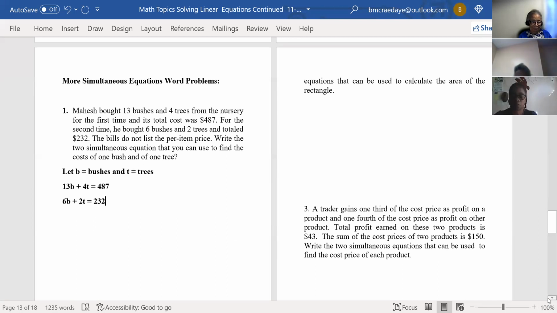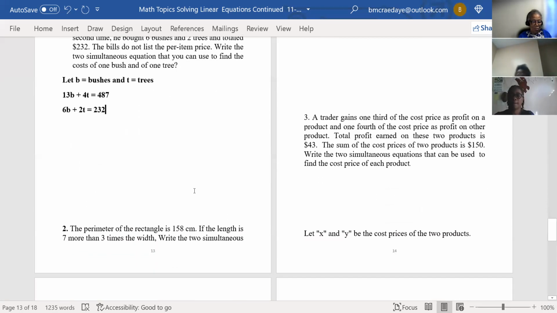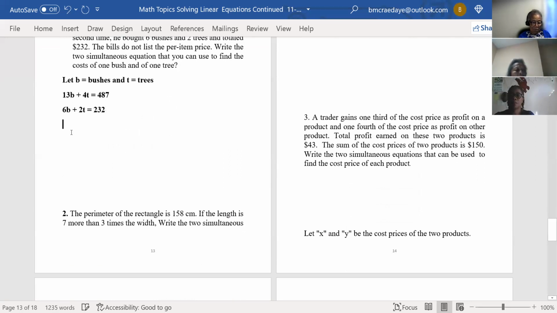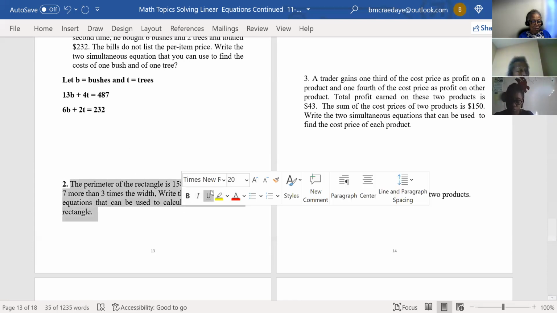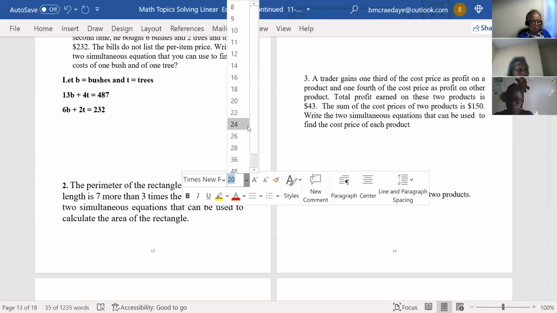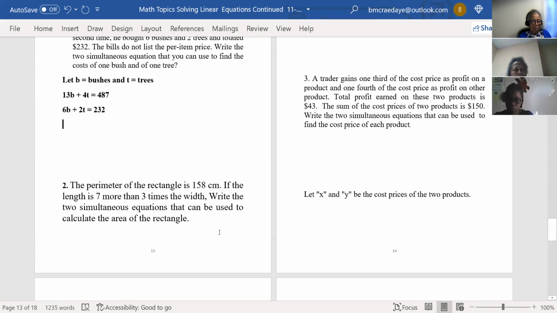Okay. Now, let's go to the next one right here. A perimeter of a rectangle. Can you see that one? Okay. Perimeter of the rectangle, 158 centimeters.